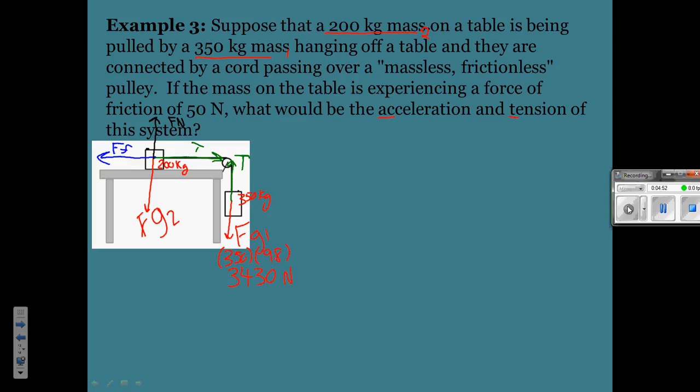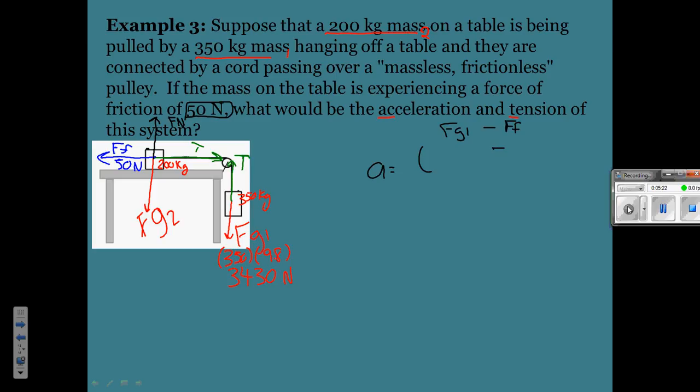So we are going to first go ahead and find our F of f. Oh, wait a minute. We don't have to find our F of f because look, they gave it to us in the problem. So our F of f is 50 newtons, which makes it easy because now I can find my acceleration, which is going to be my F of g1, remember, minus my F of f.